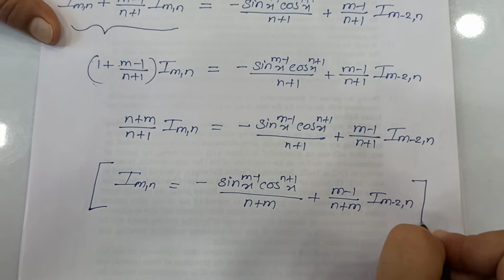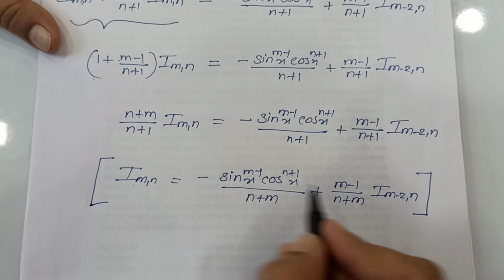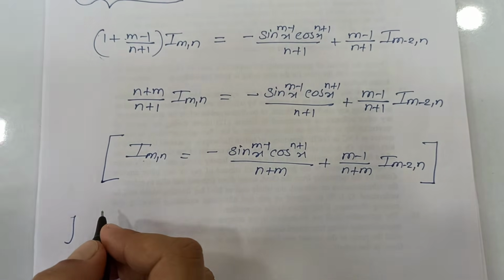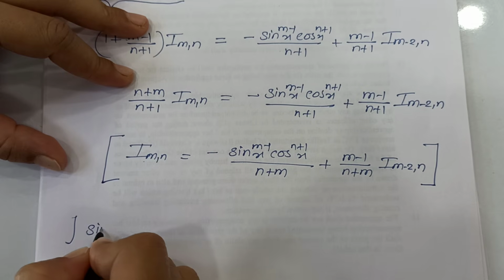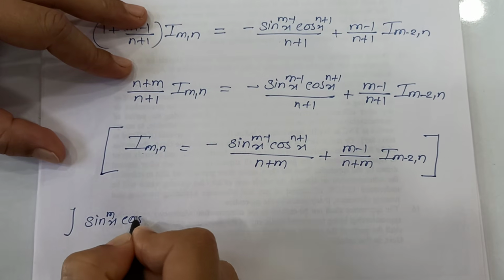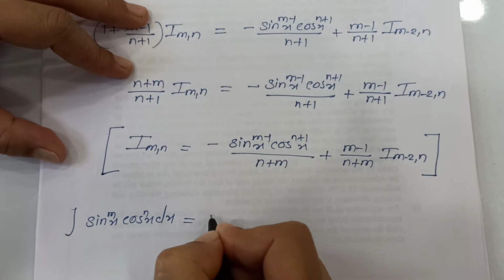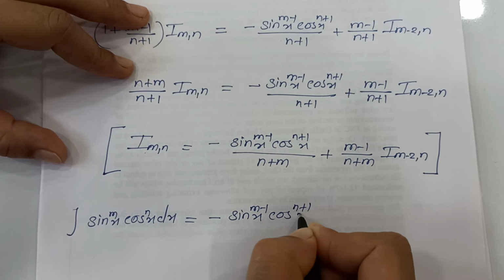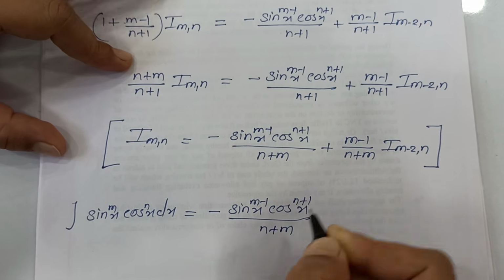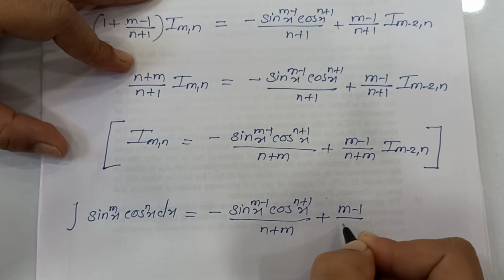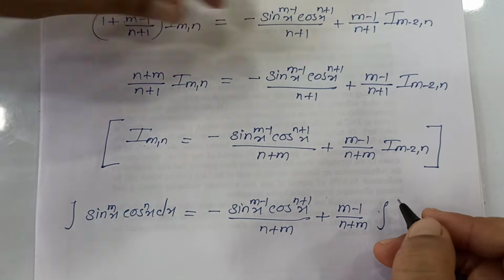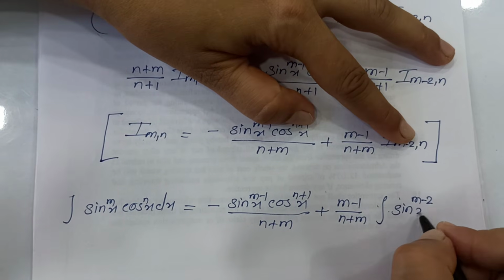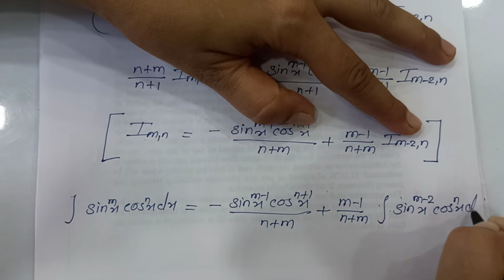So this is reduction formula 7. If you want, you can write down this reduction formula in terms of integration. So it is basically what? Integration of sin raised to m into cos raised to nx dx is equals to minus sin raised to m minus 1x cos raised to n plus 1x upon n plus m plus m minus 1 upon n plus m integration of sin raised to, now here we have instead of m minus 2x cos raised to nx dx.